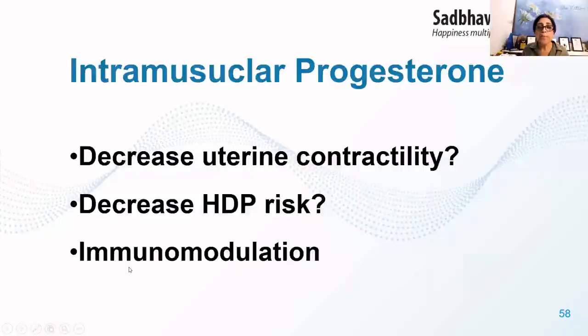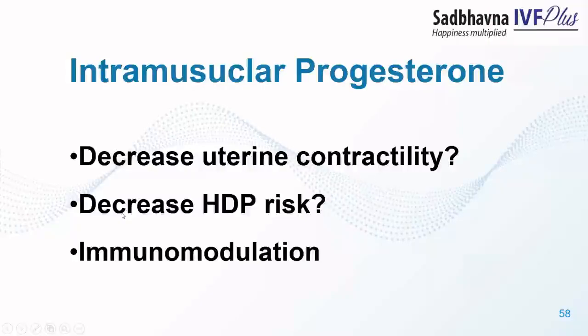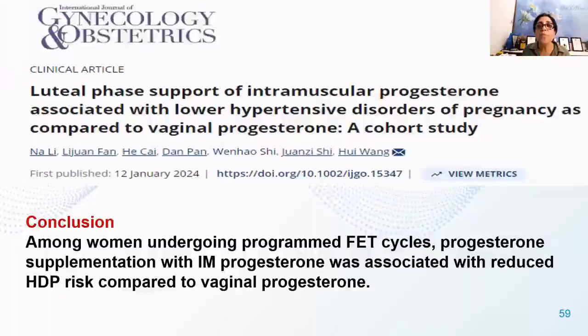It helps in immunomodulation, and there is a paper where wherever intramuscular progesterone was used, there was a lower incidence of hypertensive disorders of pregnancy. This is just a study, I would say, food for thought.